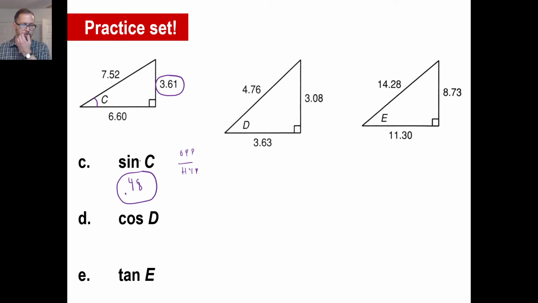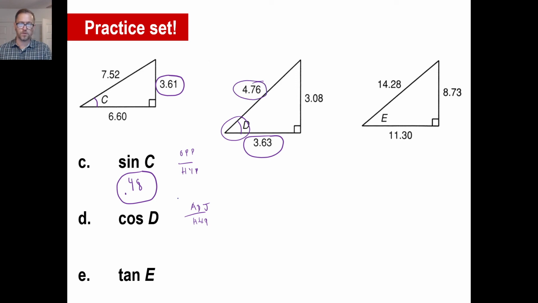All right. The cosine of D, go ahead and pause it and find that. Okay, here's D. The cosine is defined as the adjacent over the hypotenuse. So the adjacent to D would be 3.63. The hypotenuse is 4.76.